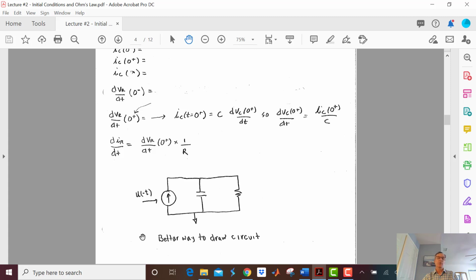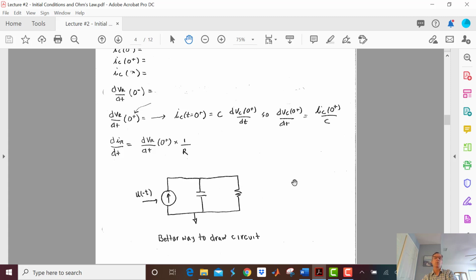And in order to reverse that so that it is unity before 0 and turned off after 0, I'm going to just call it u of negative t. So let's look at our current source. The current source is going to be sitting there generating 1 amp up until time equals 0. And then at time equals 0, it's going to generate 0 amps.